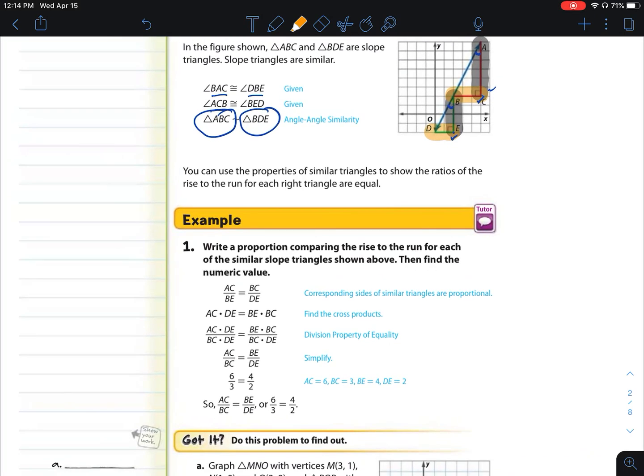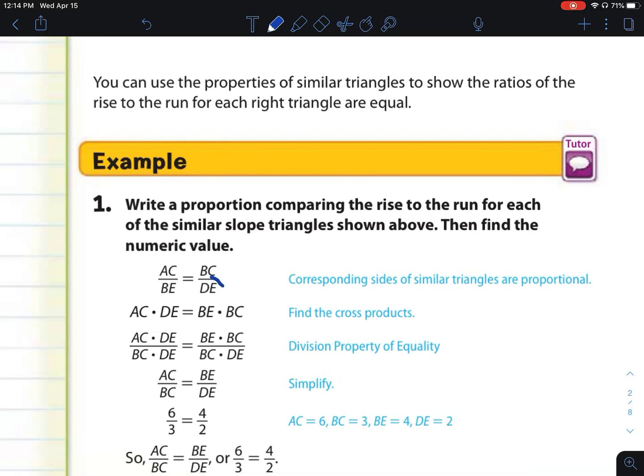If we do our cross products, multiplying across from each other, AC times DE will give you that, and BE times BC will give you this. To find the numerical value, we use the division property of equality.